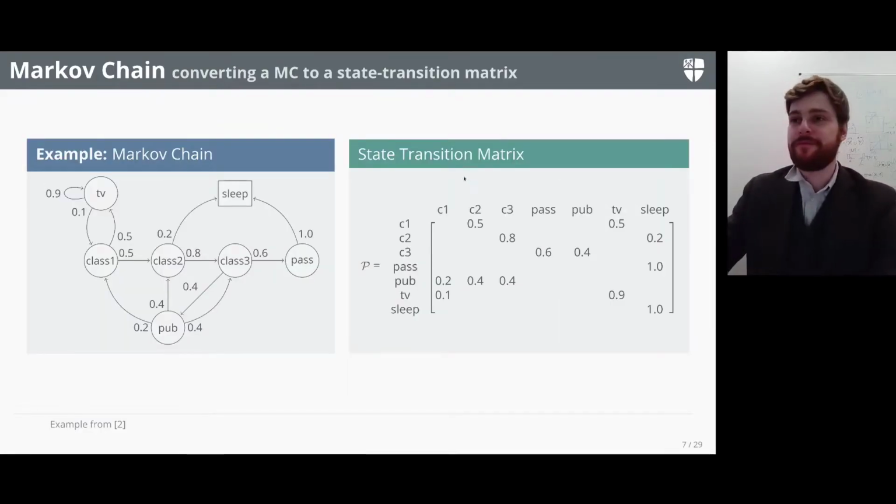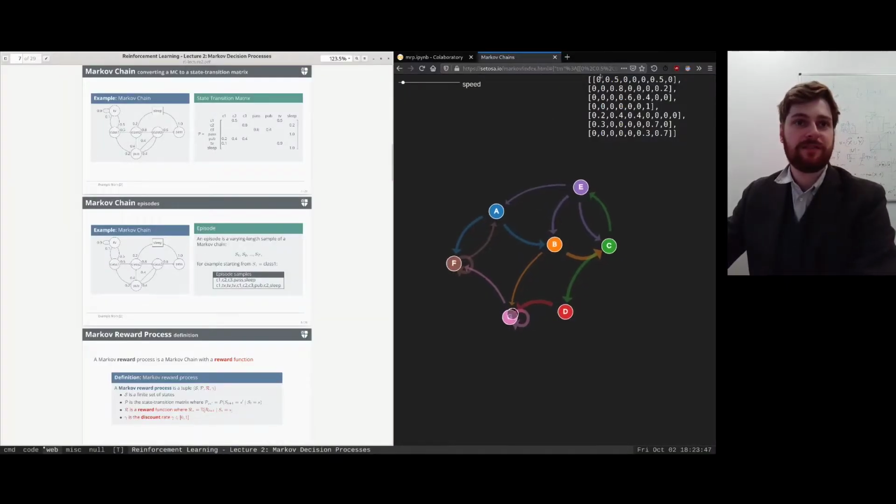So we can actually represent that whole process, all of those dynamics, as a state transition matrix, where you can see the states captured here and here. And there's a nice demo, and I've plugged in something similar to that here, so you can have a look at how the agent interacts.